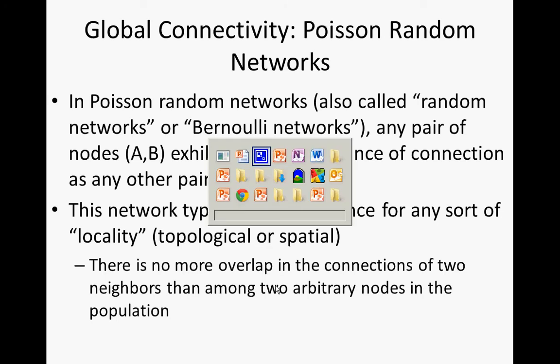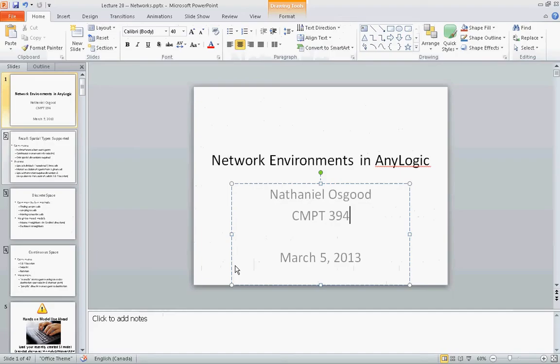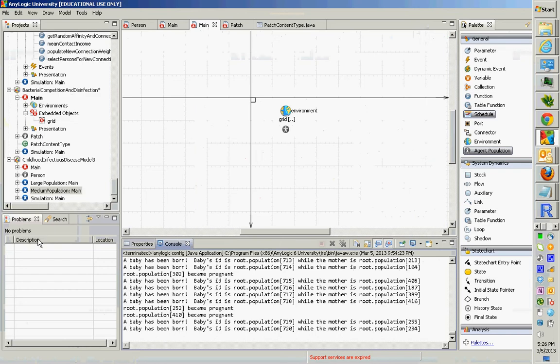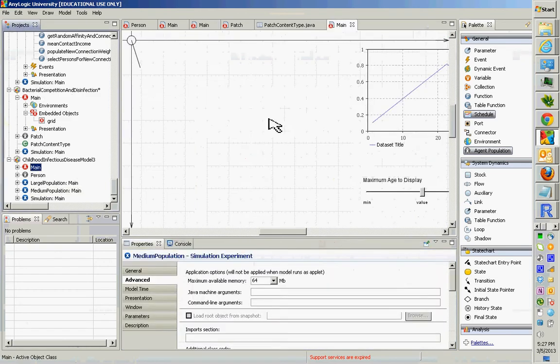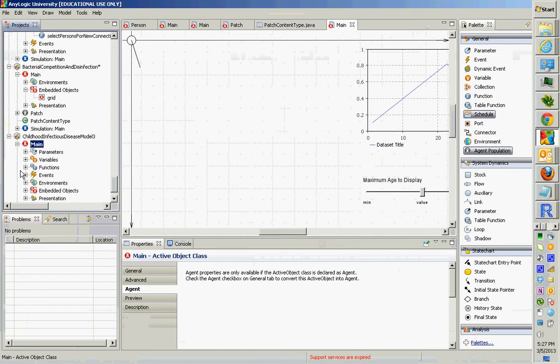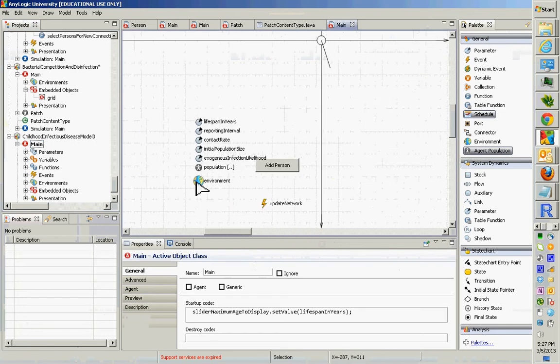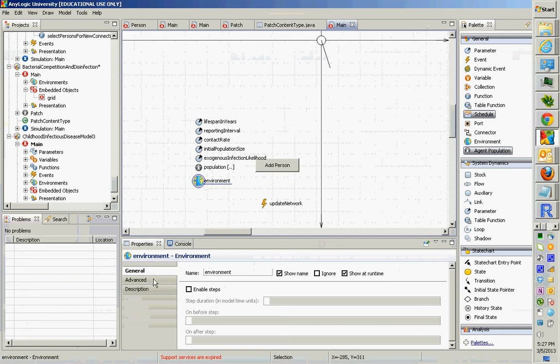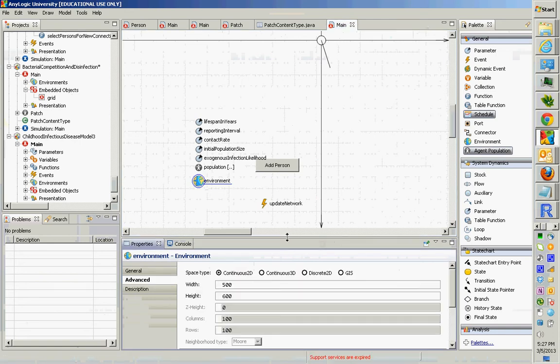So to make a ring lattice, all we do is with AnyLogic, and I'll show you here so you can see it interactively. If we go to something like main here, and we open up the environment, all we have to do is find the environment here, which I put over to the side so it doesn't obscure the view when I'm running it.